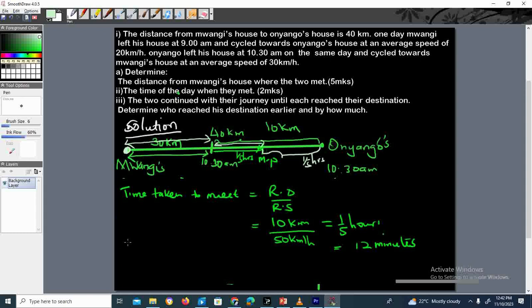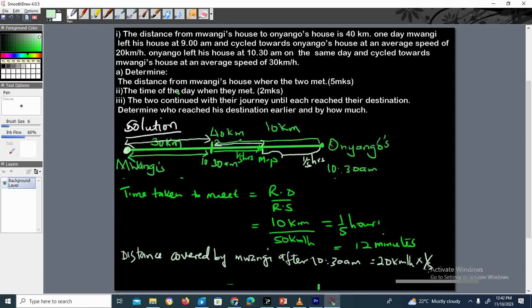So the distance covered by Mwangi after 10:30 a.m. is going to be given by his speed, which is 20 kilometers per hour, multiplied by the time he traveled, which is 1/5 hours. So Mwangi covered 4 kilometers after 10:30 to the meeting point.